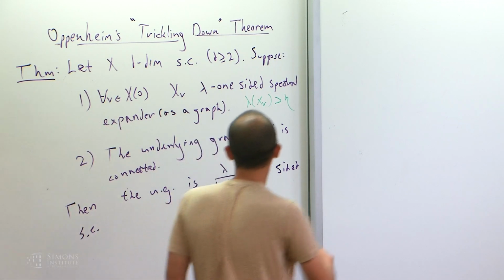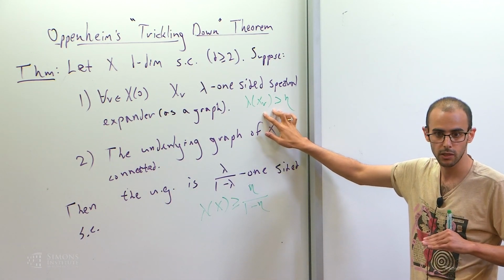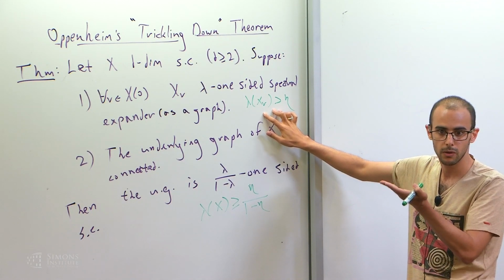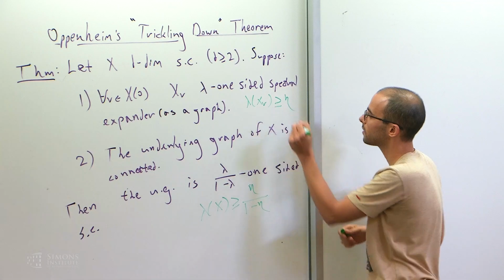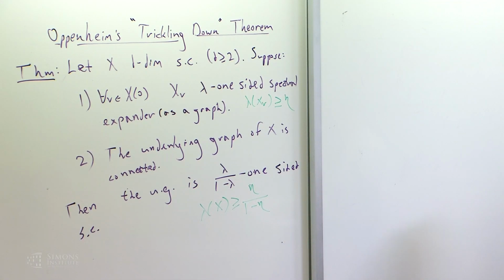And what you get from here is that the lower you go in a high-dimensional simplicial complex, the further bounded you are from below. Okay, so we didn't discuss this too much, but to be bounded from below is like to be far from being bipartite.